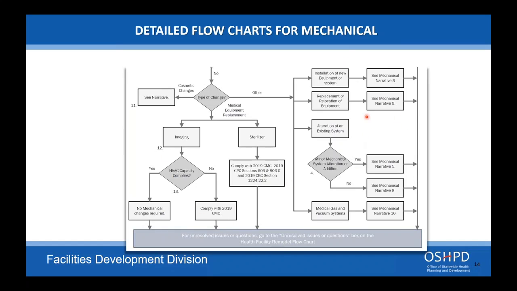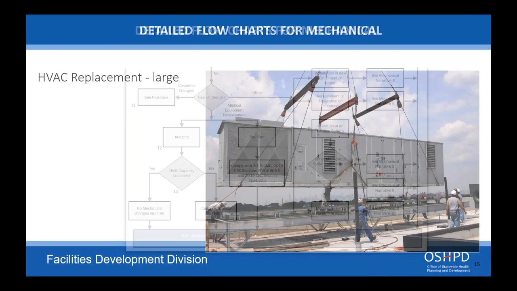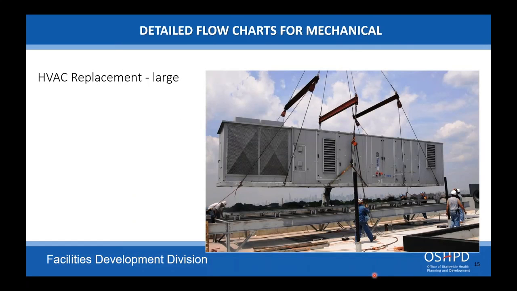So this, you can just look at this, and if you have any questions, you can contact us for your specific project. So let's look at some examples for mechanical. If you're replacing an HVAC unit, again, you want to identify the scope of the project. The scope of the project is this existing HVAC unit is old, you're putting a brand new one in.